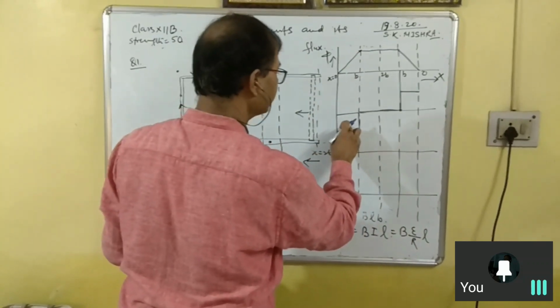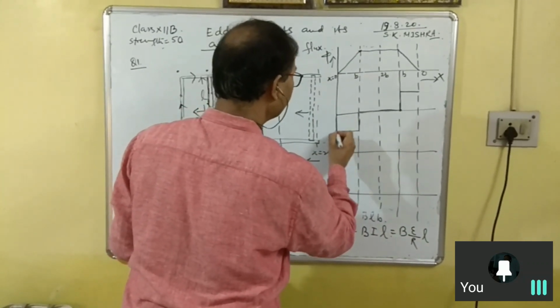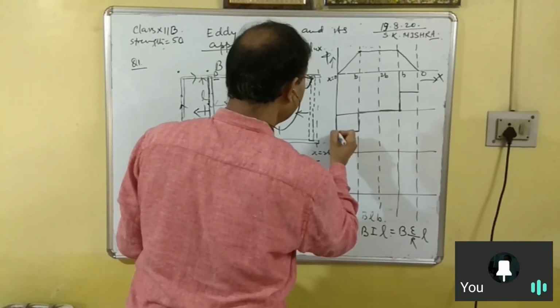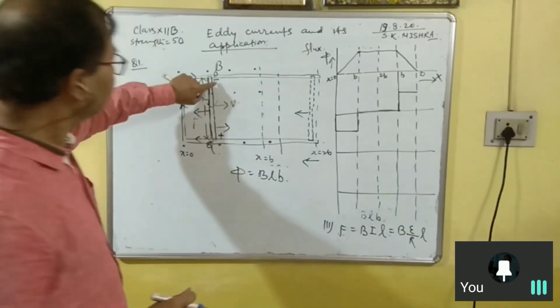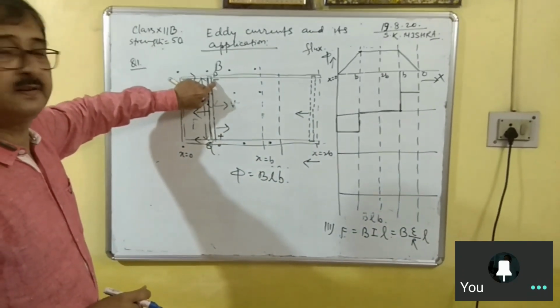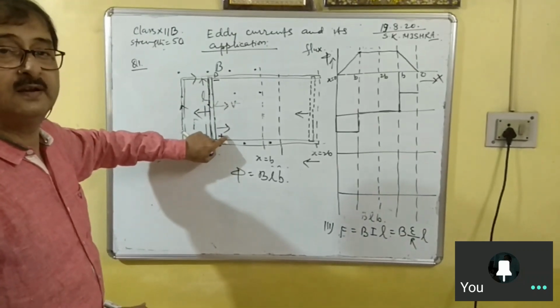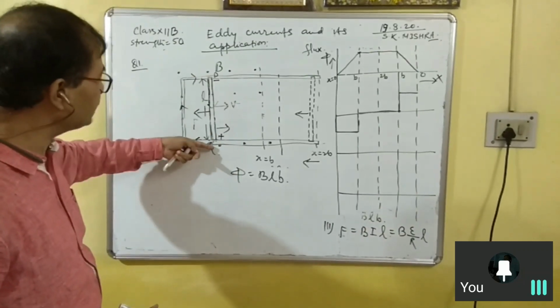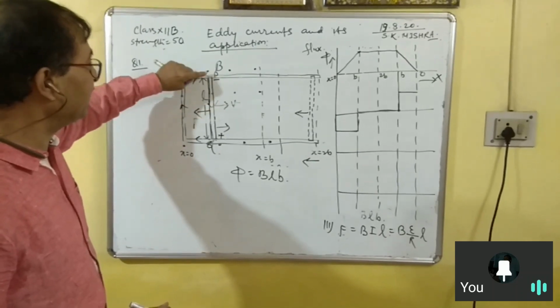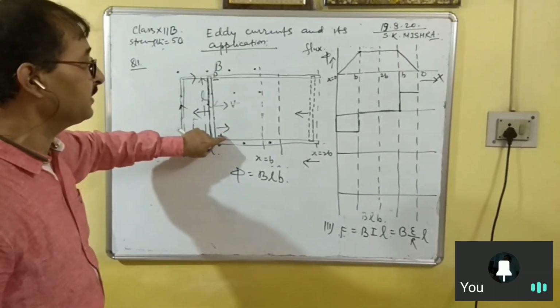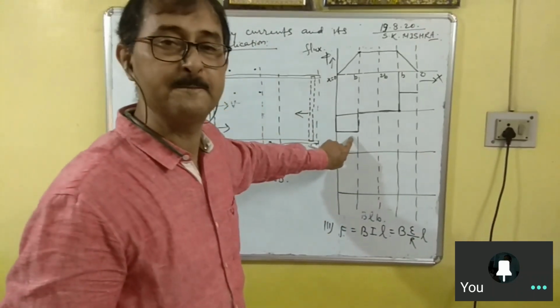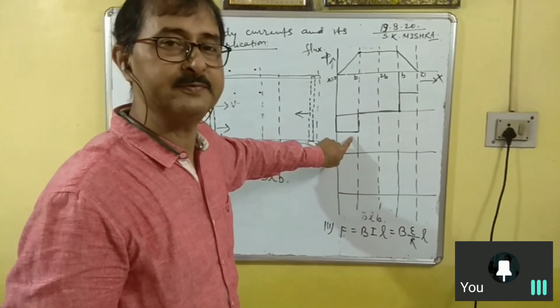So the induced EMF will be positive. Why is it negative at first? Because this P end is negative, this end is positive. If I ask you the direction of induced EMF, your answer will immediately be this side is negative, this side is positive. So we start from negative EMF.